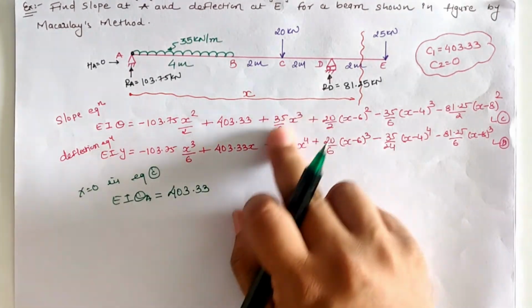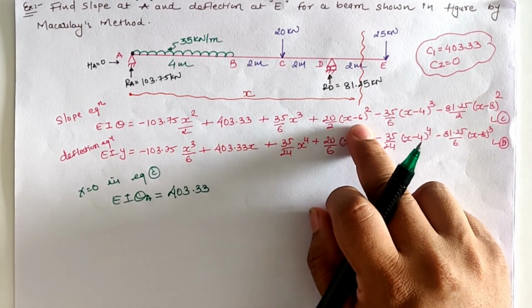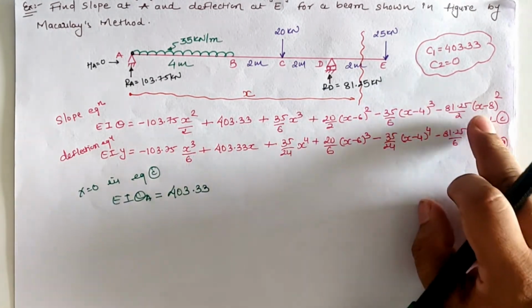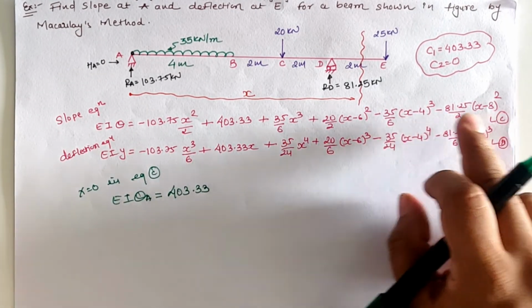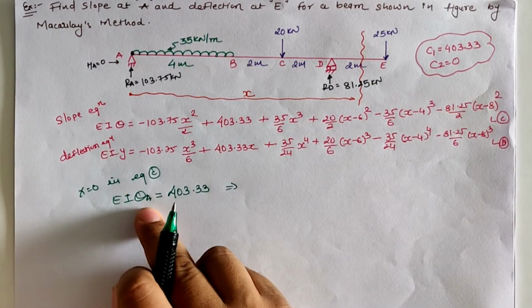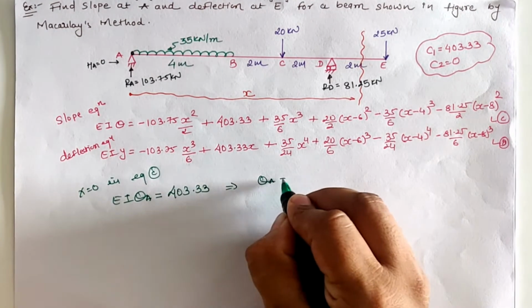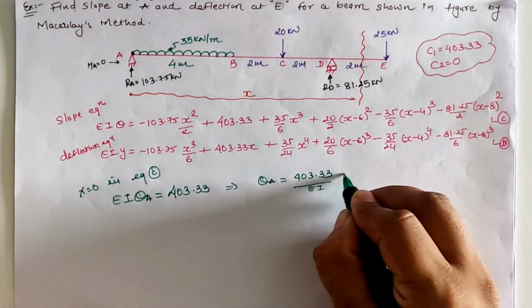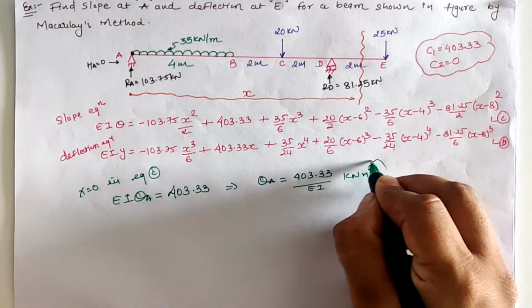Now x cube as 0. 0 minus 6, it means minus 6, so we have to ignore it. 0 minus 4 as minus 4 and 0 minus 8 as minus 8. So we have to ignore all the terms, and the value for theta A is 403.33 by EI in terms of kilonewton meter square.